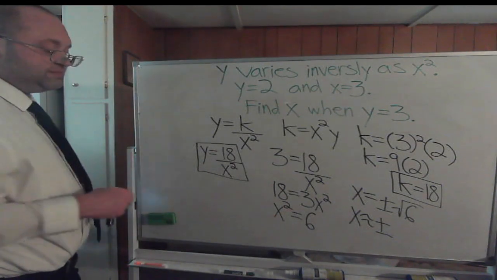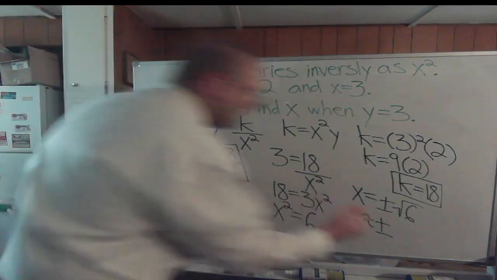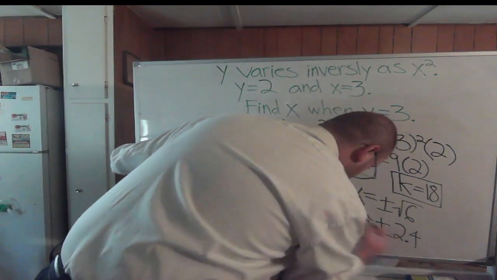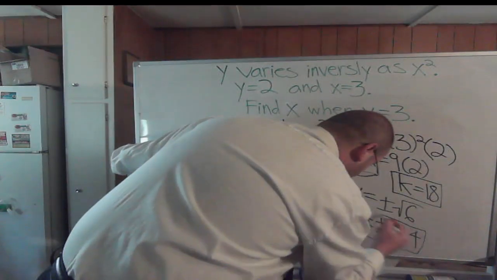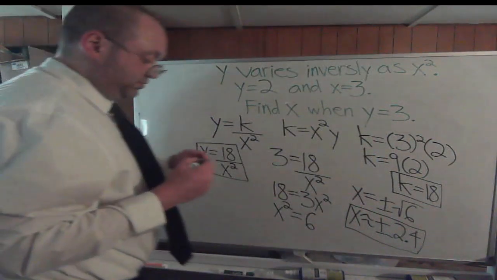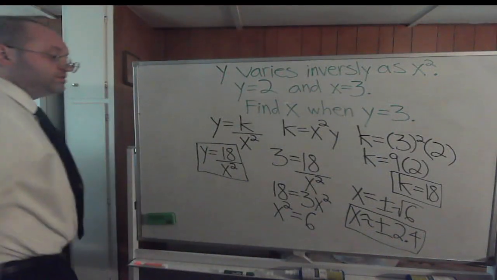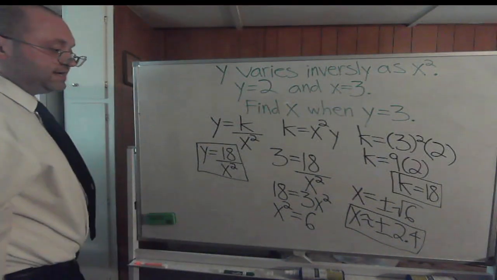It rounds to approximately 2.4. So when y equals 3, x equals plus or minus 2.4. You get two solutions since x is squared in this case.